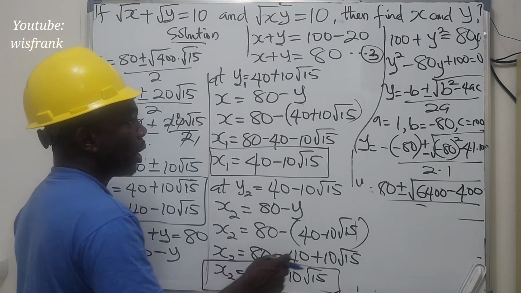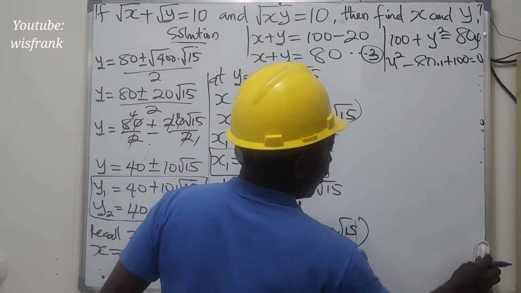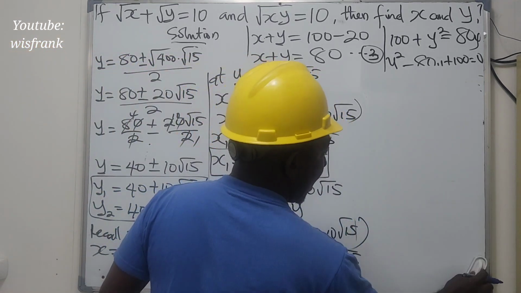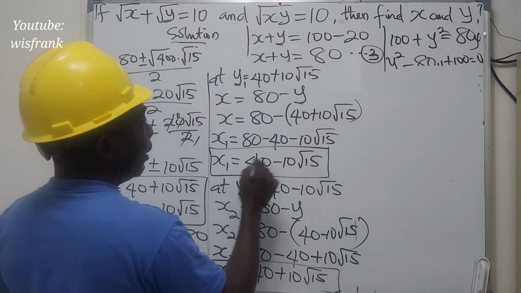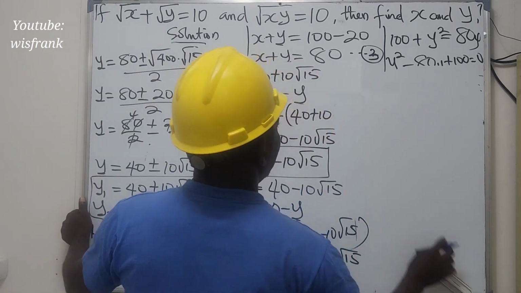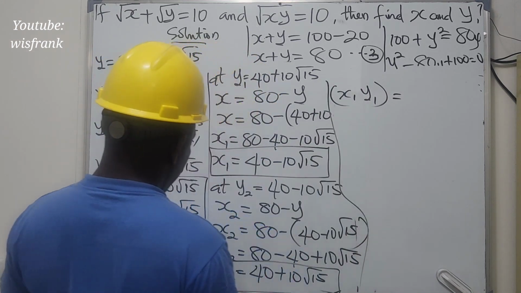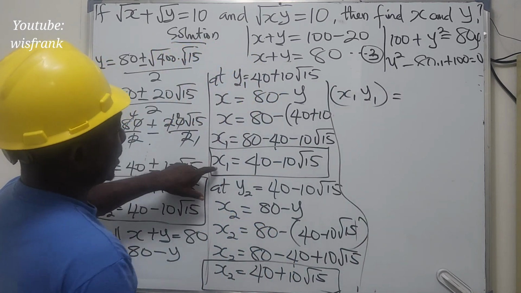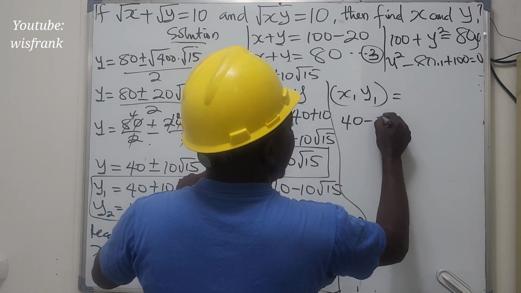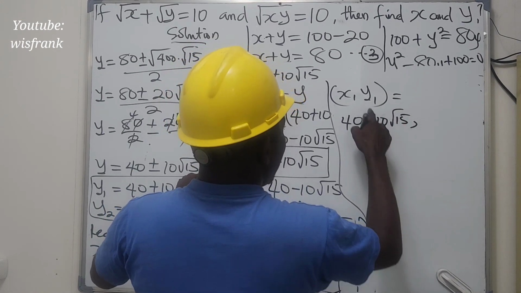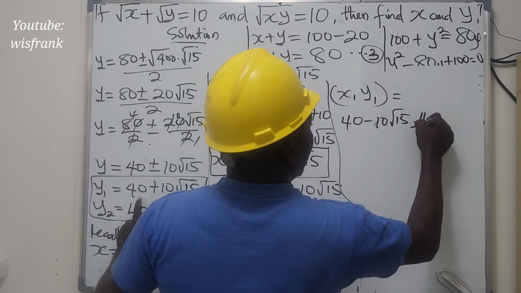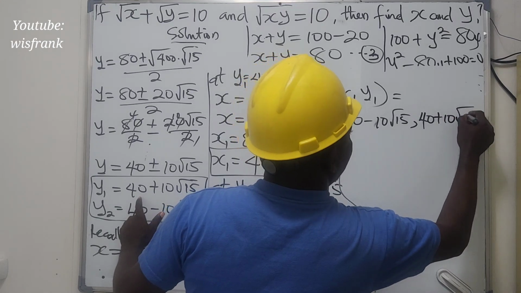We are going to write it out so we can see the values of x1, y1 and x2, y2. So x1, y1 equals, the value of x1 is 40 minus 10 root 15, then y1 is 40 plus 10 root 15.